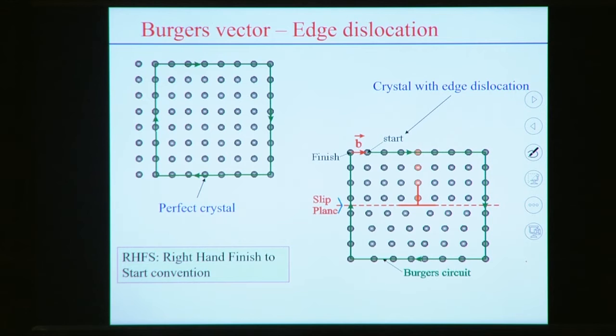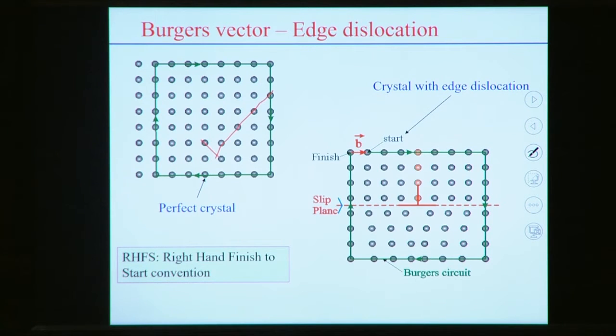Now we characterize the dislocation in terms of the Burgers vector, but how do we represent the Burgers vector and how do we find it? For example, if you look at the left hand side figure, it represents the regular arrangement of the atoms.